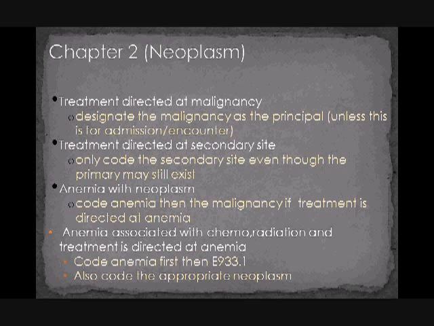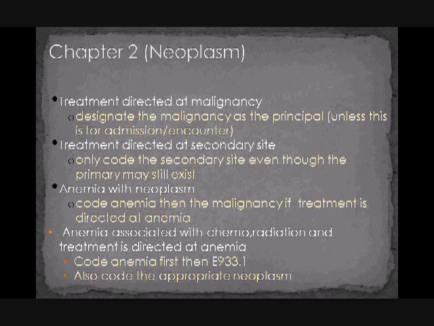When you have a person with anemia associated with chemotherapy or radiation, and the treatment is directed specifically at anemia, you do the same thing. You code the anemia first, then an E code, E933.1, and then you code whatever the actual cancer itself is.